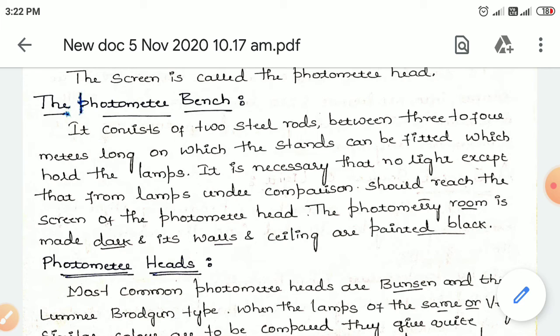As you are using a graduated scale, the measured distance will be a very precise value. It is necessary that no light except from the lamps under comparison should reach the screen, so the photometry room is made dark.